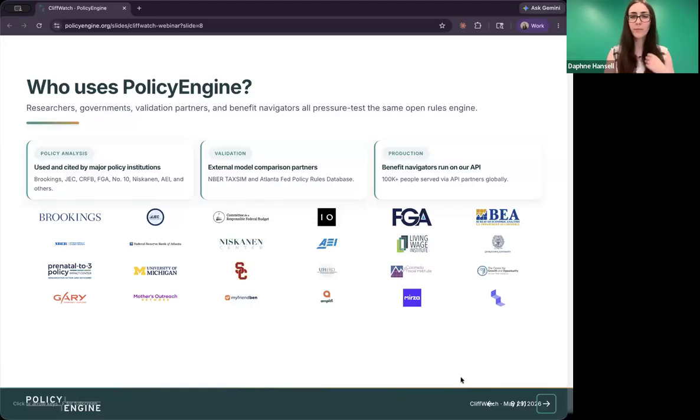And academics have used it for studies, for example, I'm not sure if Matt Unrath is on the call, but basically using administrative data to understand the total distribution of net marginal tax rates, implicit marginal tax rates, using our tax and benefit engine. There are also organizations using it to help people understand what benefits they're eligible for today: My Friend Ben, Amplify, Mirza, and Starlight at the bottom there.